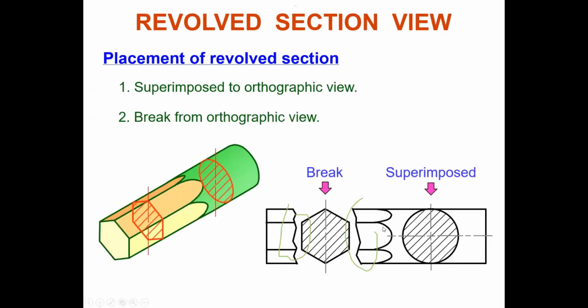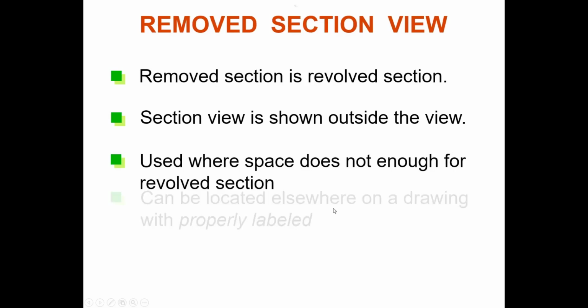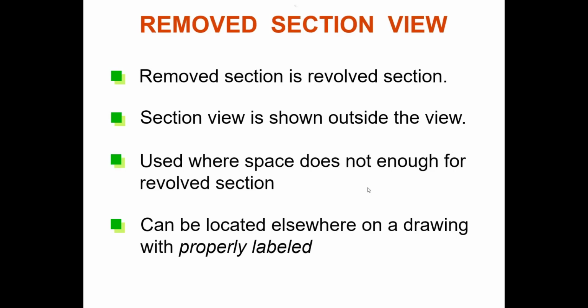Section view is shown outside the view. Use where space is not enough for revolve section. If you don't have space, it can be located elsewhere on the drawing. Okay, for example, like this.